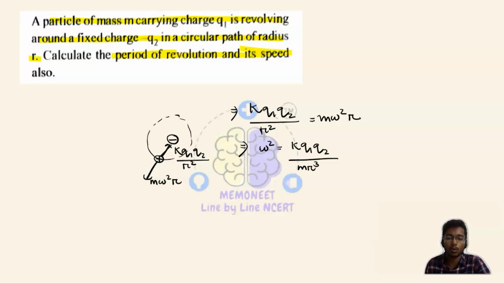Okay, so we know that omega is equal to 2 pi upon T, as T is equal to 2 pi upon omega, so omega will be 2 pi upon T, so it will be 4 pi square upon T square is equal to K Q1 Q2 upon m r cube.